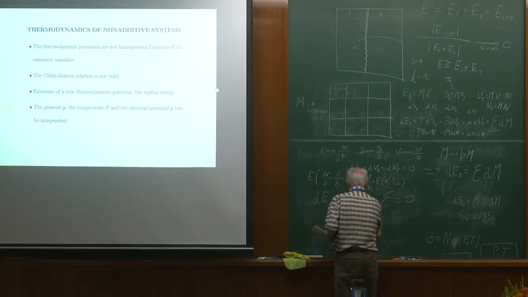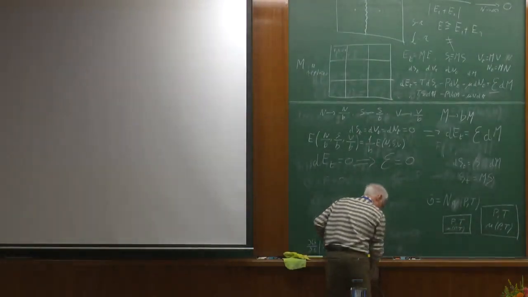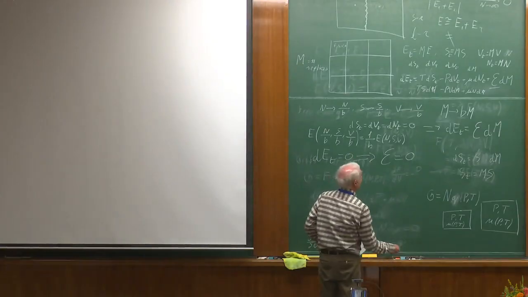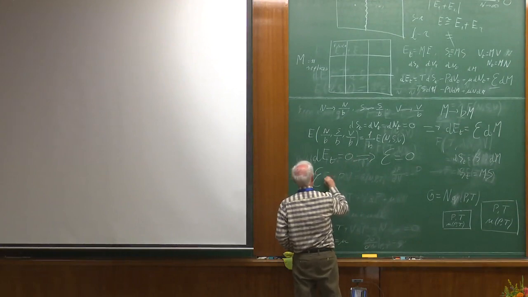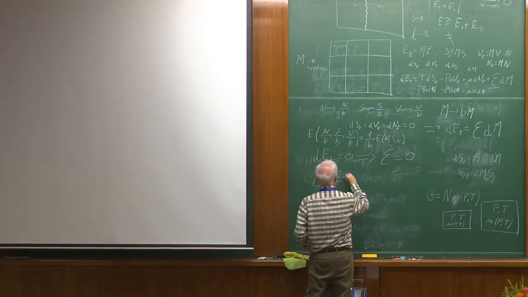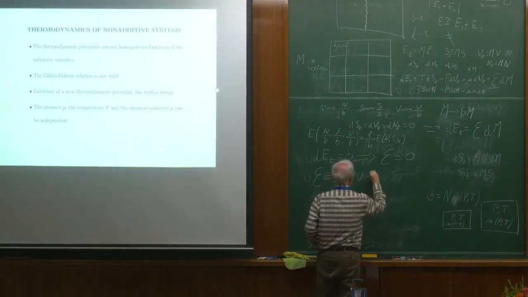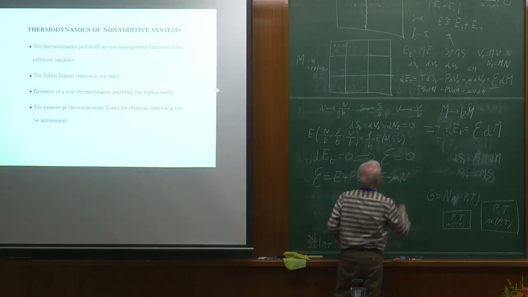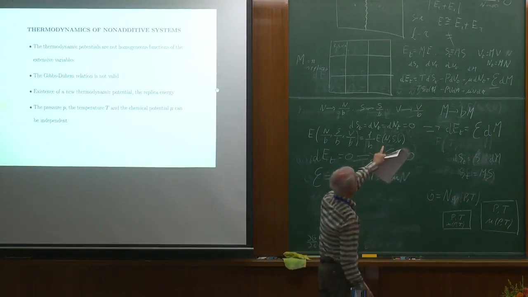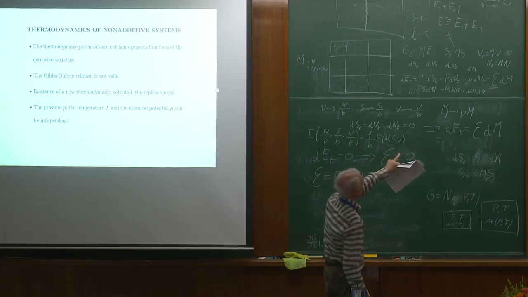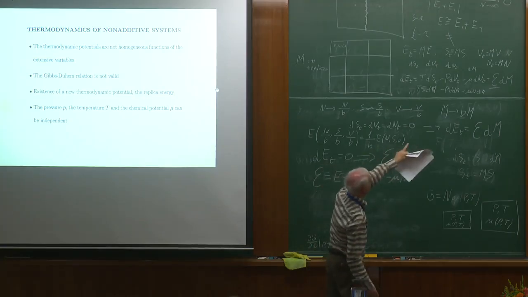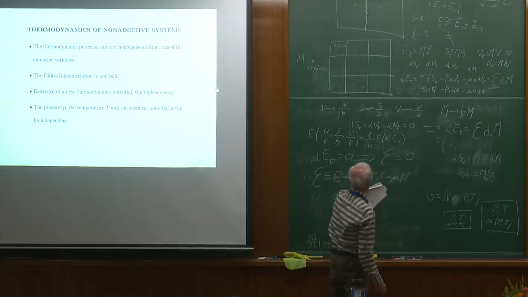If I integrate that relation, in which I have only one differential, dm, then I take everything to one side. I have E plus PV minus mu N minus TS.